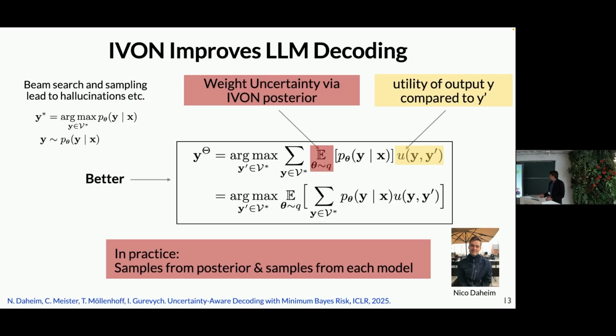We can also use that Q of theta that I1 estimates on top to improve the LLM decoding. Typically, if we want to sample a text from a language model, we sample a random next token, and then it provides a generation. And typically, one samples just from the softmax layer at the end of the LLM.